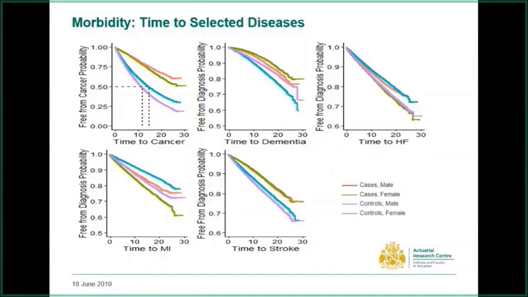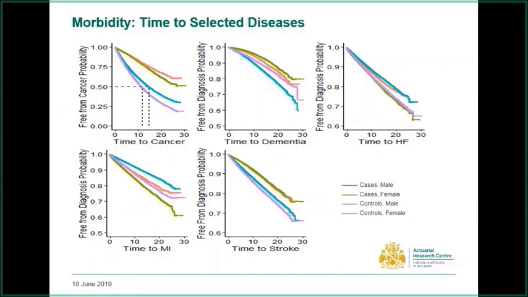But the opposite is true for myocardial infarction and heart failure. For myocardial infarction, the cases had a higher risk of being diagnosed with it, and also with heart failure.